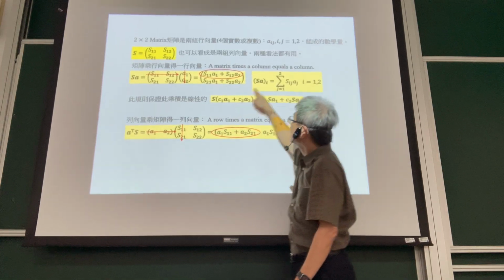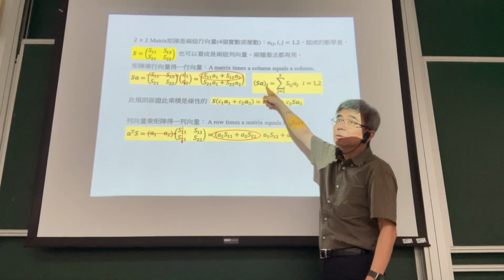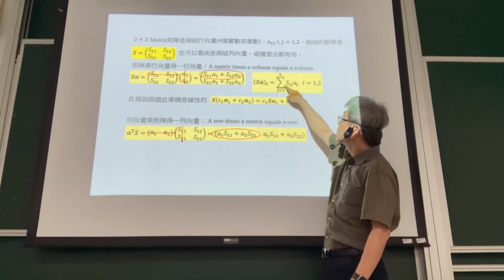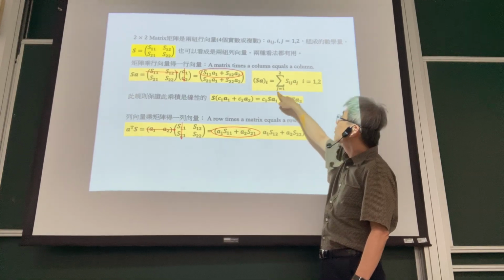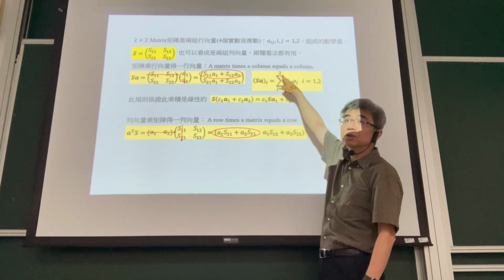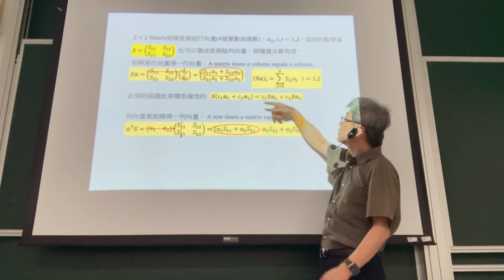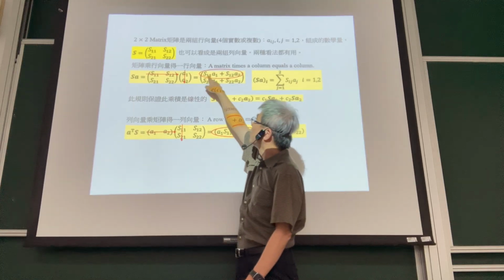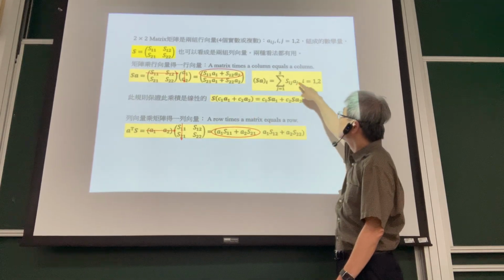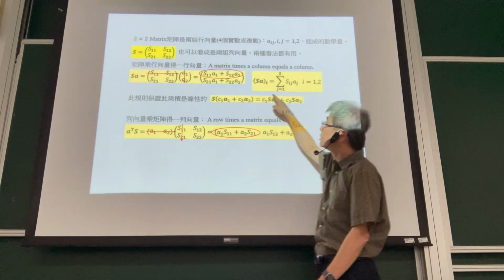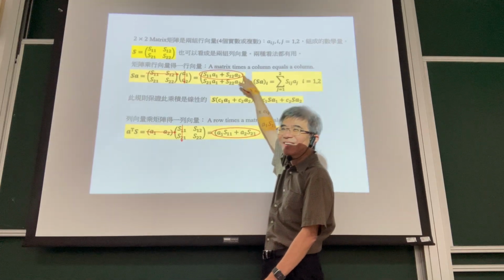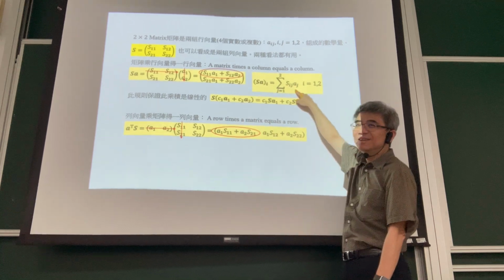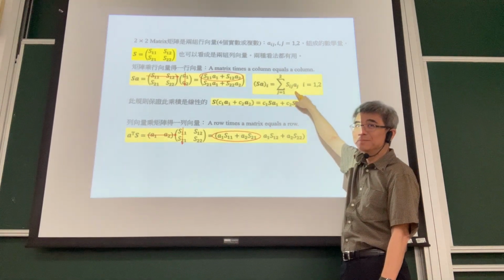The first element, i equal to 1, would be S1j Aj, summed over j from 1 to 2. That means it is equal to S11 A1 plus S12 A2. Okay, so this element could indeed be written in this form.